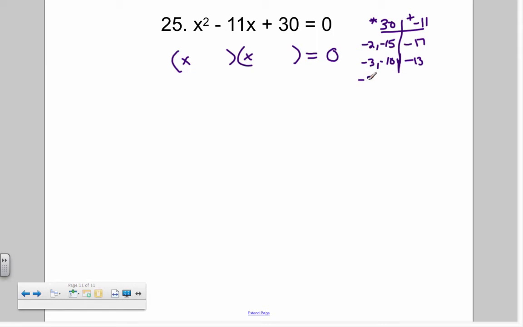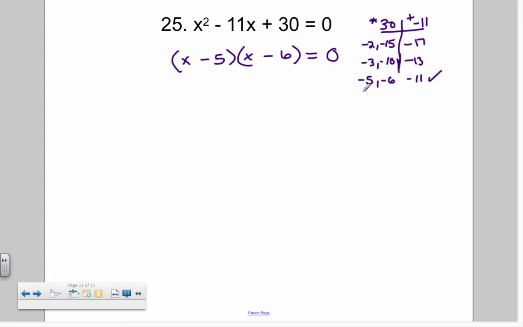Well, 5 is a factor of 30, so I do negative 5 and negative 6. Negative 5 and negative 6 multiply to 30, and they add to negative 11, so I found my factors. I'm going to have minus 5 for my negative 5, and then minus 6 for that negative 6. So when I would FOIL this, I would get back to my original quadratic.